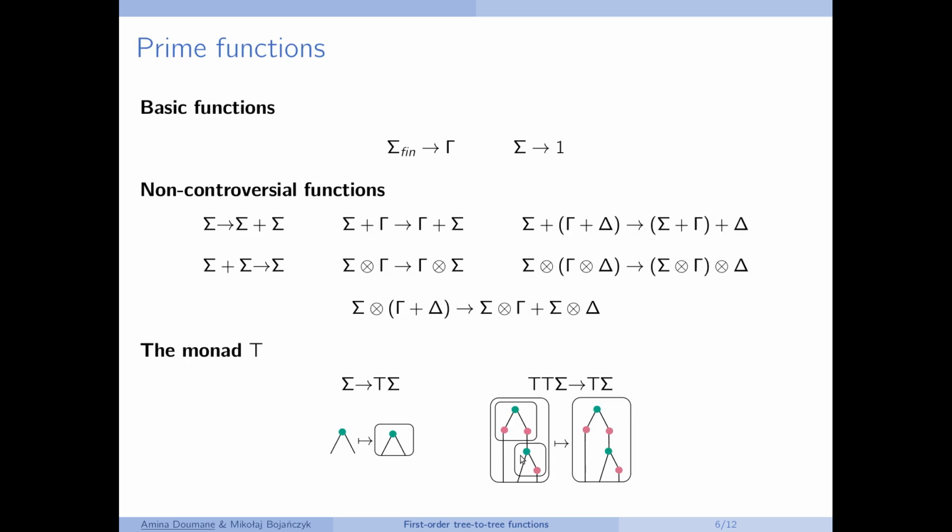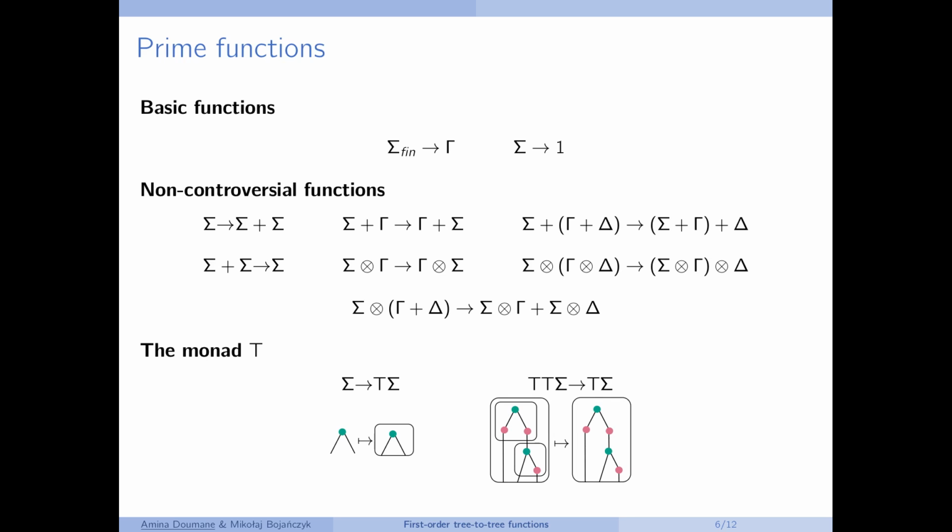Now let's move to prime functions themselves. So all prime functions will be arity preserving, meaning that they map every element of a certain arity into another element with the same arity. I classified them here into coherent categories.